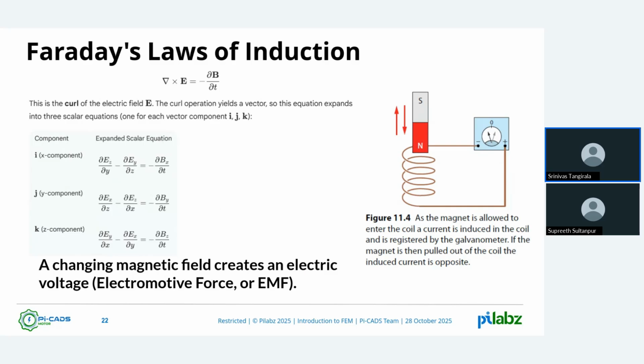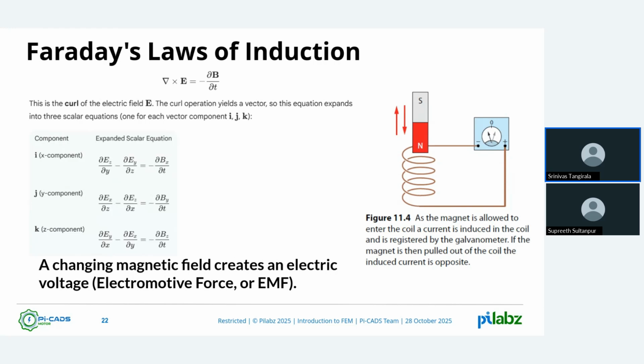Like in the picture that I depicted, 11.4, if you move the magnet up and down, only then do you see the needle move in the ammeter. That means there is a current flowing in the circuit. If you stop moving, then there is no current, right?